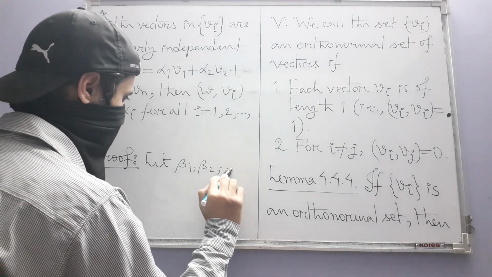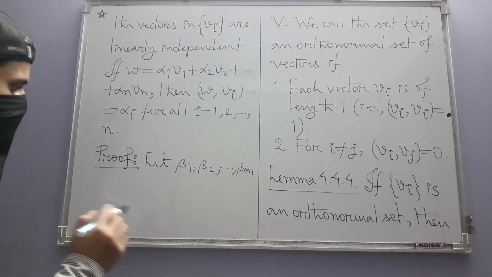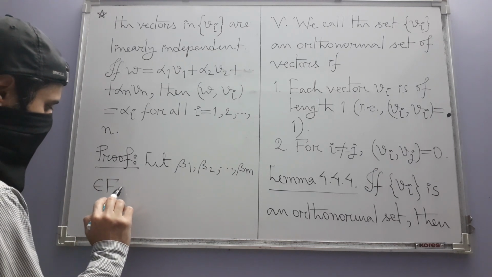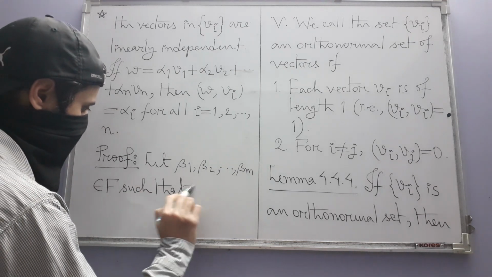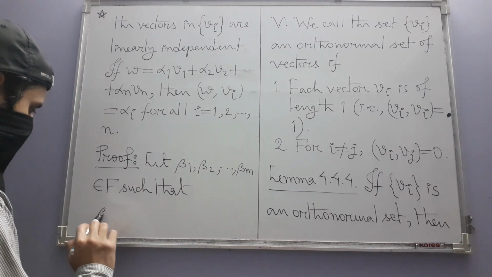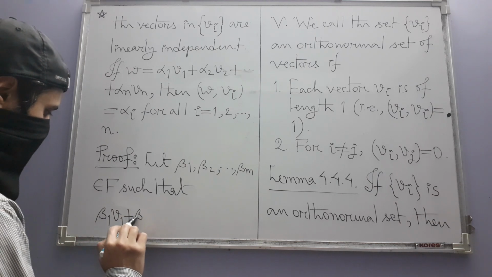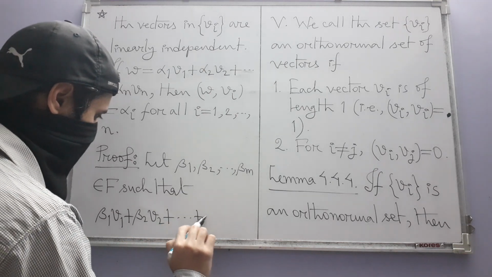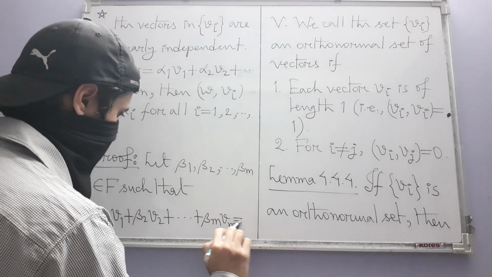Let us consider some scalars, some complex numbers, for which this linear combination is equal to 0.